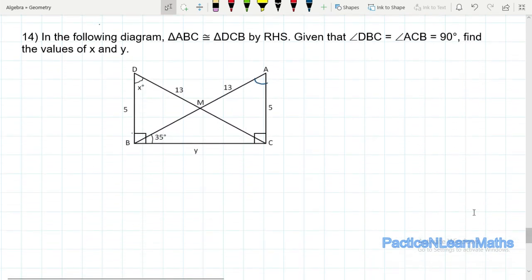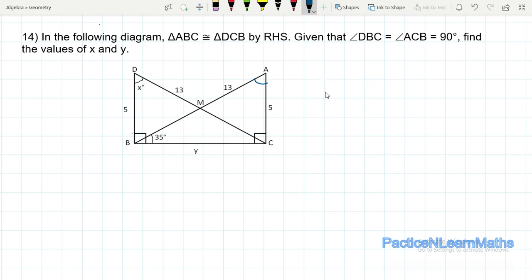Moving on to sum number 14. In the following diagram, again, triangle ABC is congruent to triangle DCB by RHS. Given that angle DBC is equal to angle ACB is equal to 90 degrees, find the values of x and y.